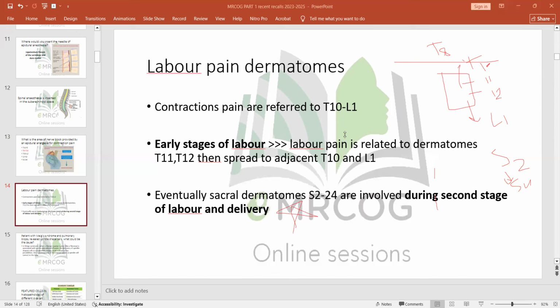And it's a strategy question, by the way. This is T10 to L1. T10 to L1, this is contractions pain. The pain here in the second stage is not contractions. It is because of the dilatation and the passage of the fetal head in the vagina. Okay, so contraction pain is from T10 to L1.